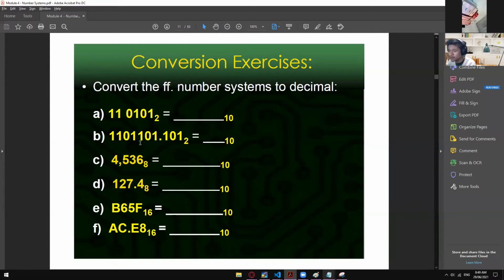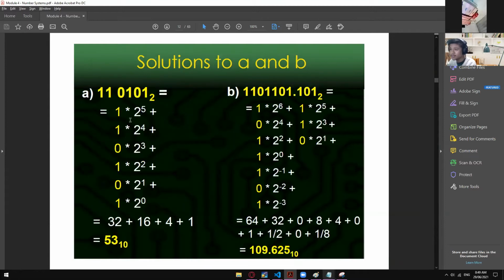Don't worry, all of these items have their own solution. You can find it right here, the solutions to A and B. Here is the letter A. Starting from binary, we want to convert this into a decimal. The first step when converting any base to decimal is to arrange the digits from top to bottom.